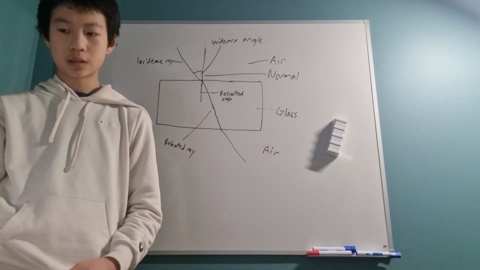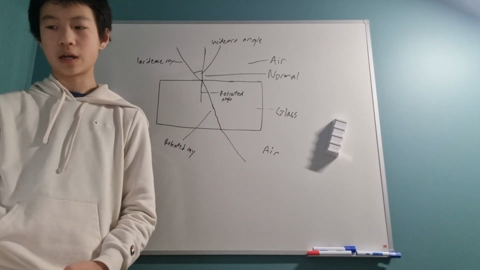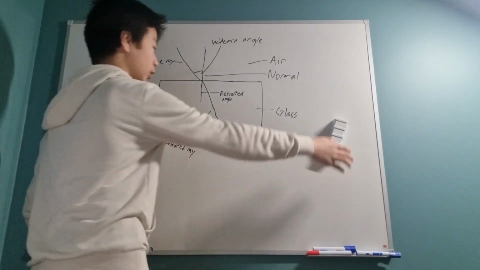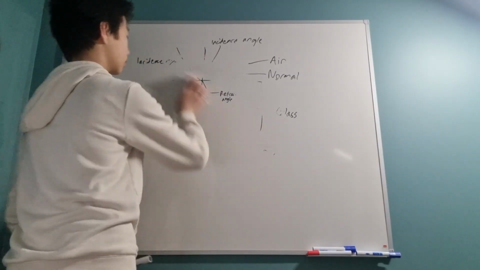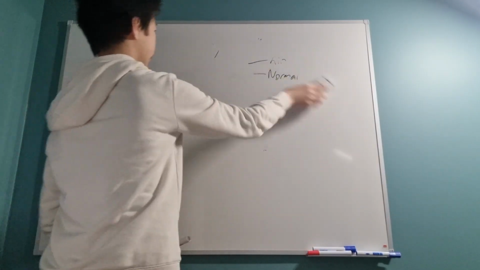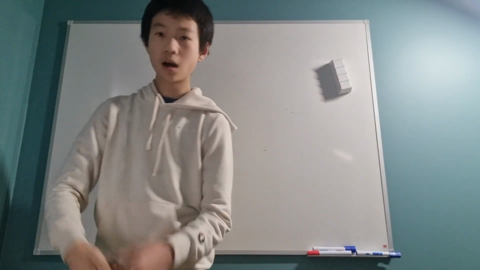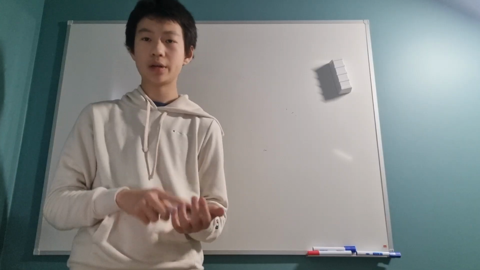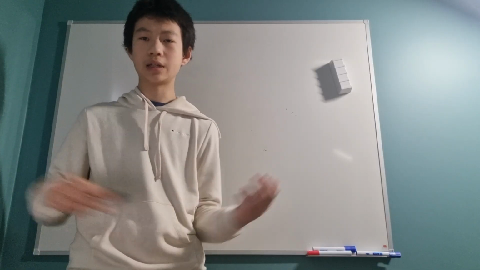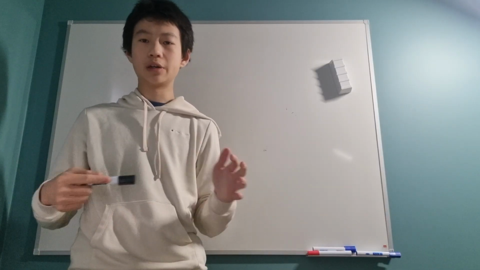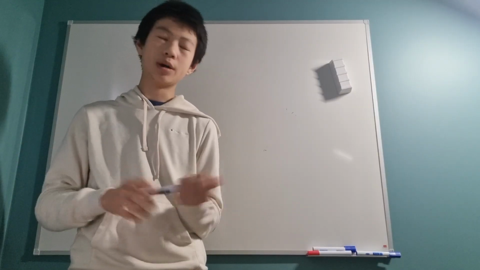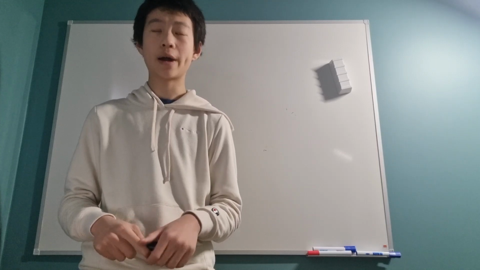So now let's continue on to describe the critical angle. Now that you understand what I mean by the normal and the higher density and the lower density and the light traveling through the mediums, let's describe what the critical angle is.